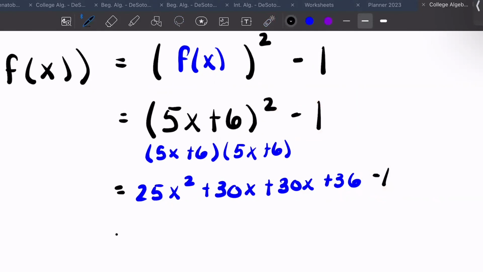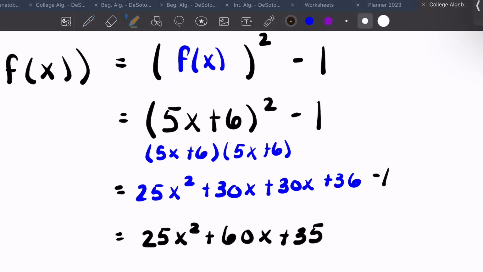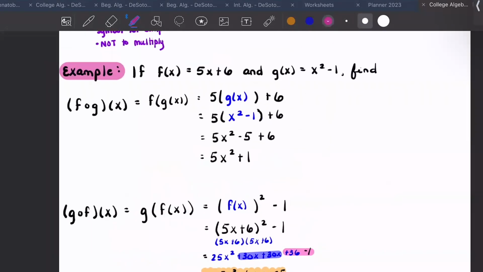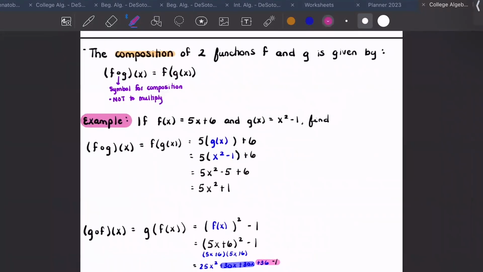Let's add like terms. 25x squared plus 60x plus 35. Our like terms were here to here. Okay, that is the composition of 2 functions. So f of g of x and g of f of x.